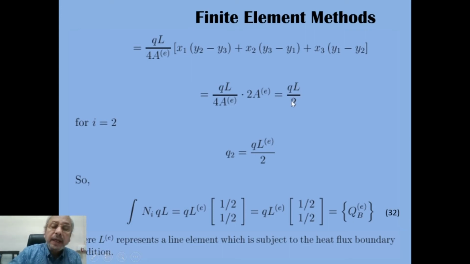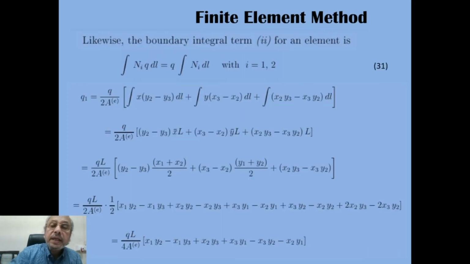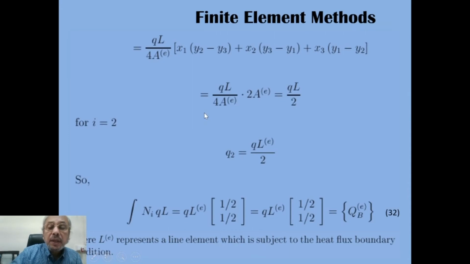Next, going back by one slide, we substitute i equal to 2, so N2, and similarly we integrate the N2 shape function over the line segment, and then again we find QL, where L is the length of the line segment, by 2.